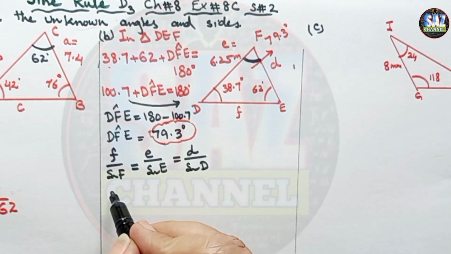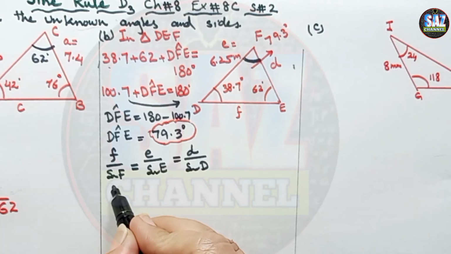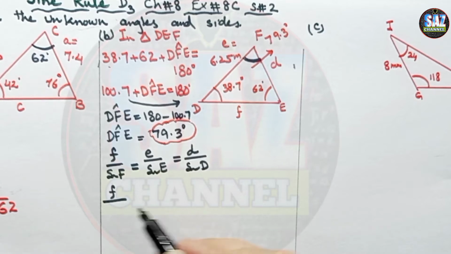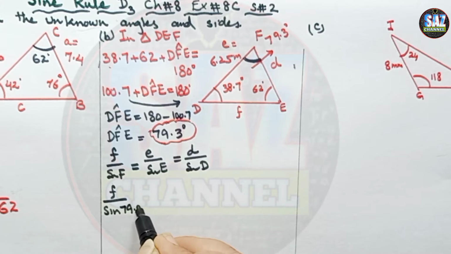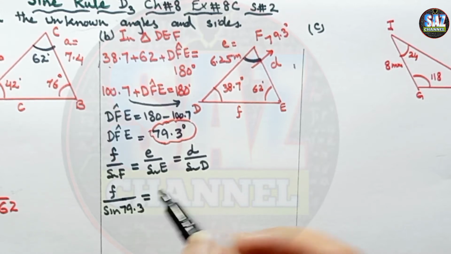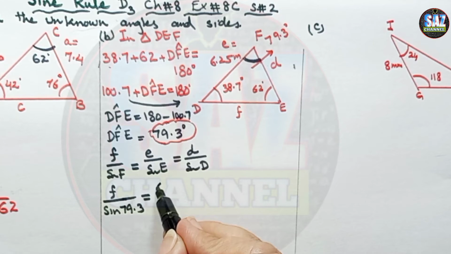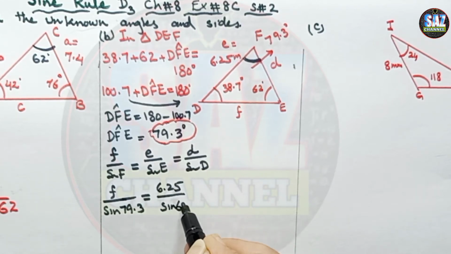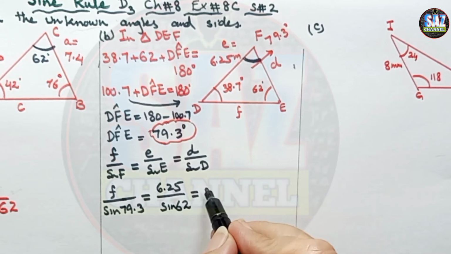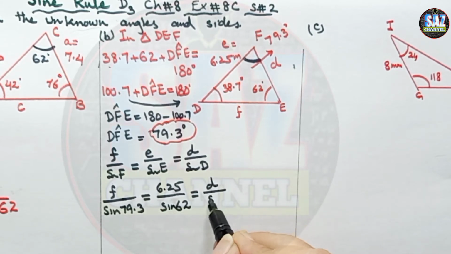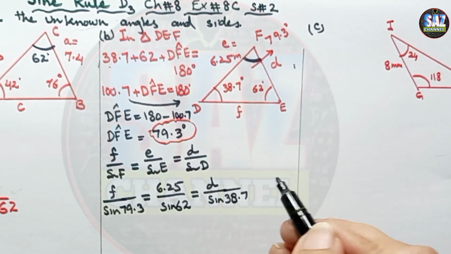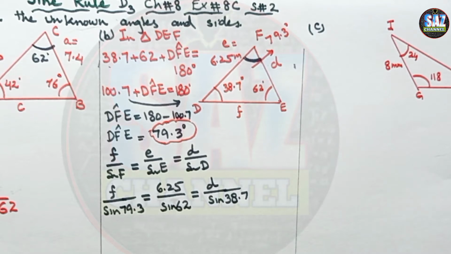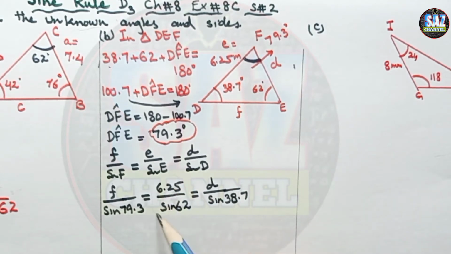F is unknown, so I will write it as it is. F upon sine of 79.3 equals E, which is 6.25 upon sine 62 degrees, equals D upon sine 38.7. Now we can see that in the middle fraction, both numerator and denominator are known.